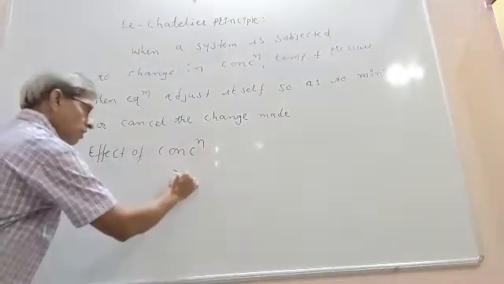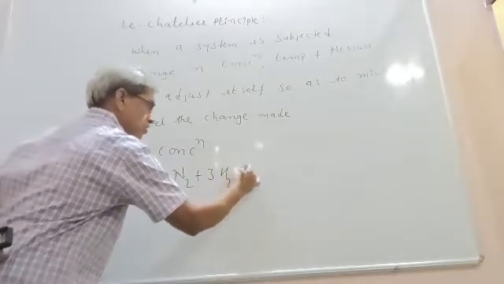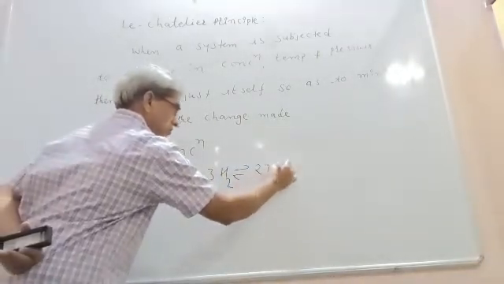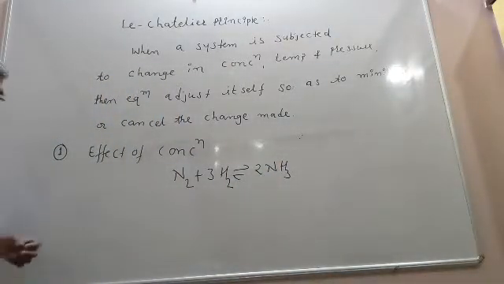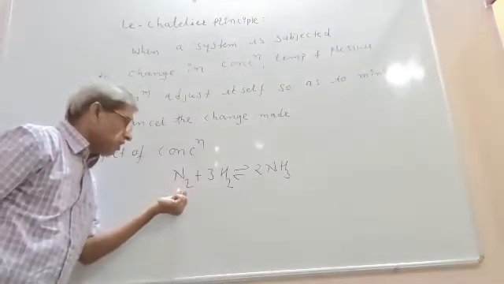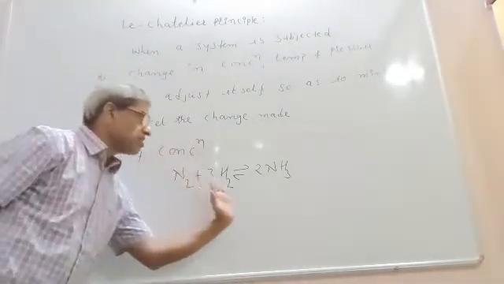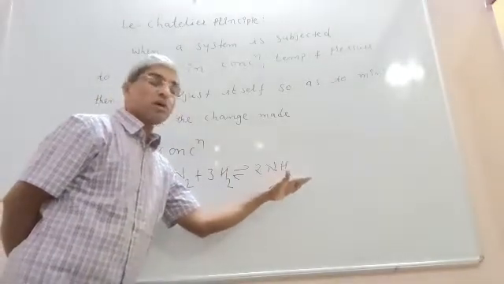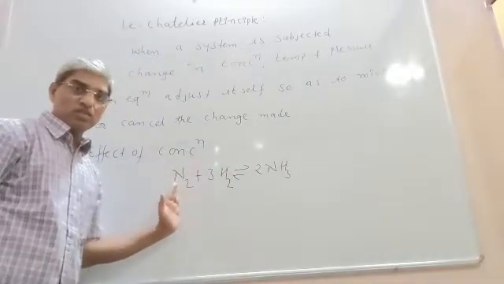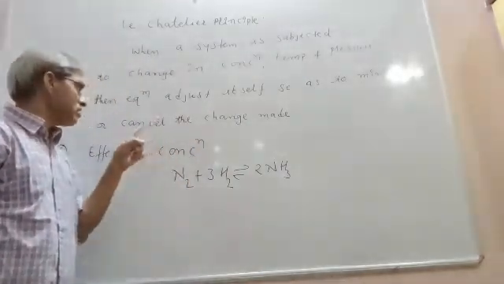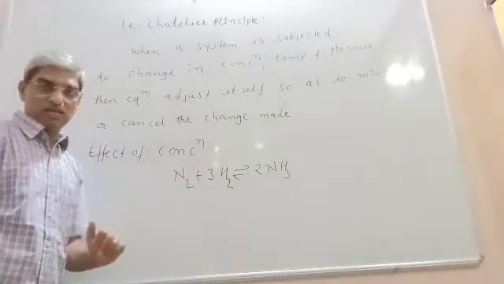Again consider that particular example, N2 plus 3H2 gives 2NH3. As I told you, if the concentration of N2 or H2 increases, that increase in concentration will shift the equilibrium towards the product side. Means that change in concentration is nullified, minimized or cancelled, to shift the equilibrium towards the product side.